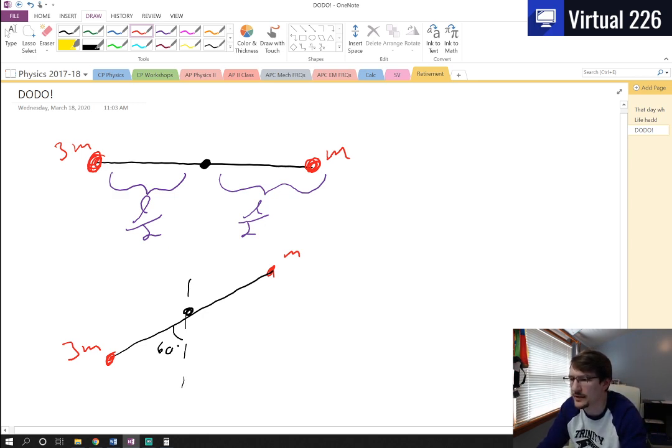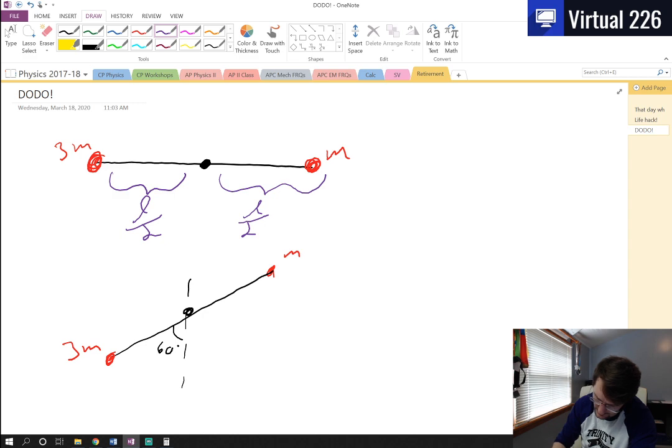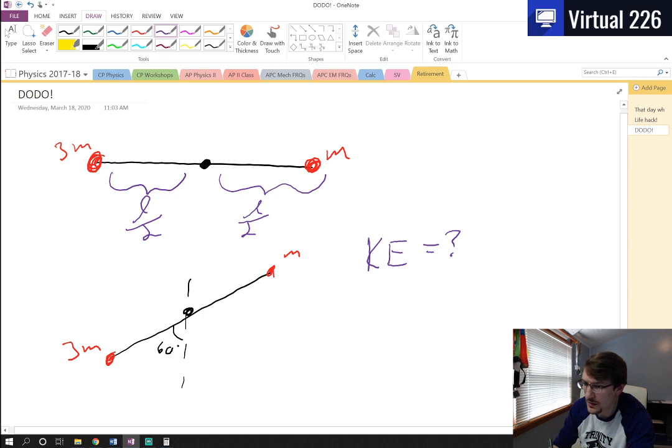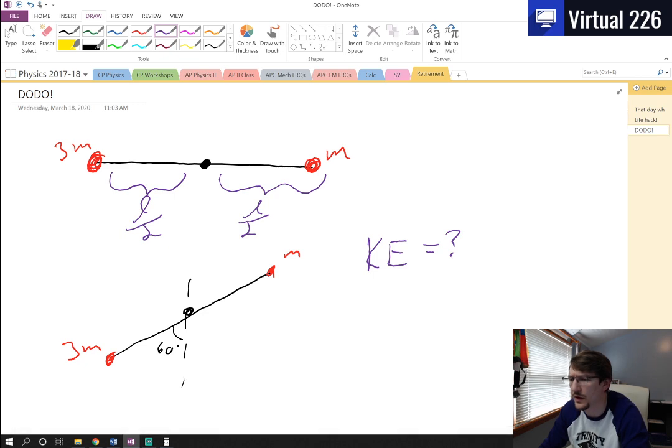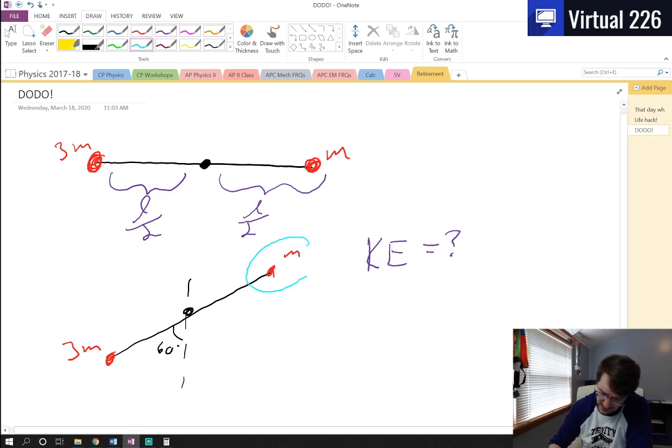And what you're looking at is what is the kinetic energy of the object? The object with the weight of M. So just a clarification, do I just want the kinetic energy of this object? Okay.